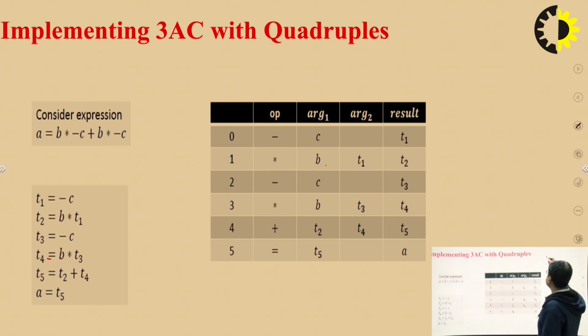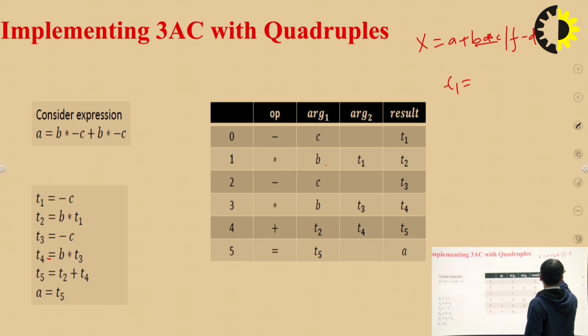If I take an example, suppose X equals A plus B star C divided by F minus D. Firstly, you have to follow the priority order of operators when converting this into 3 address code. The initial part is the operator B star C, so T1 equals B star C. That is 3 address code.